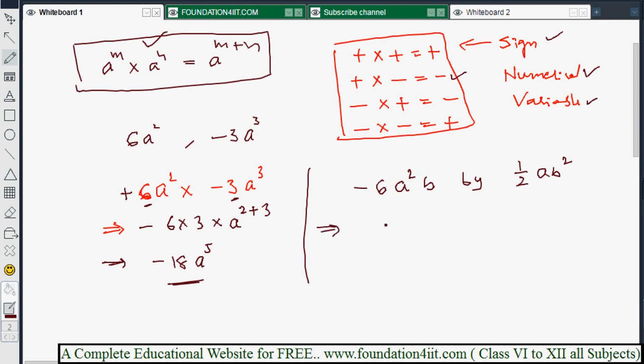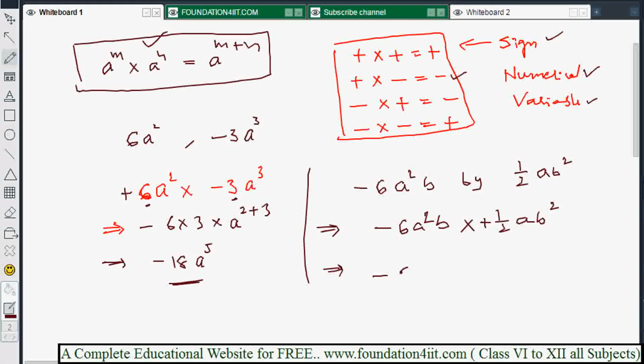Now that is minus 6a square b, the first term, into 1 by 2 ab square, the second term. Before multiplying, just apply these three concepts. First, sign. The first one is negative, the second is positive; if there is no symbol, just take it as positive. Minus into plus is minus. Overall sign is negative.